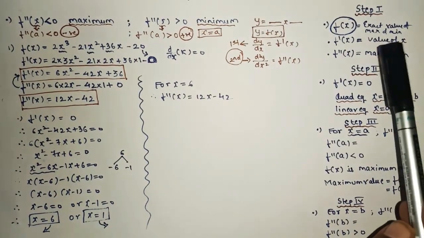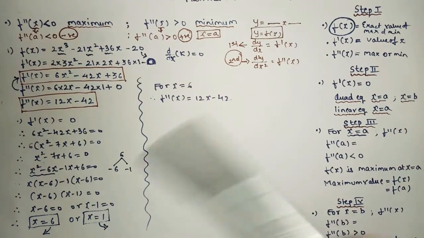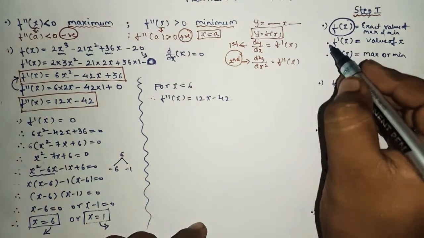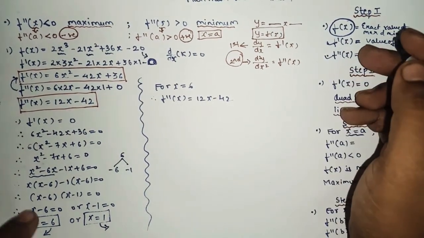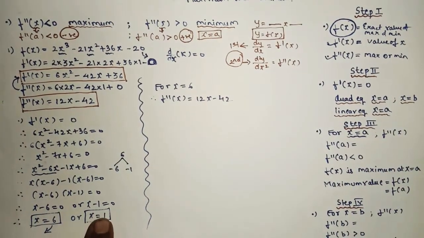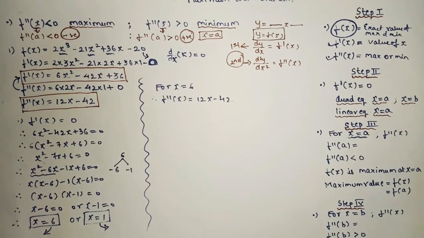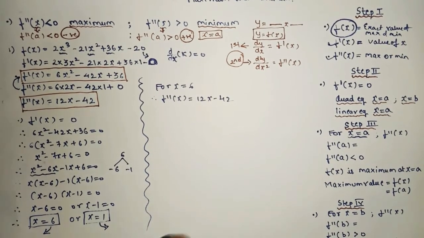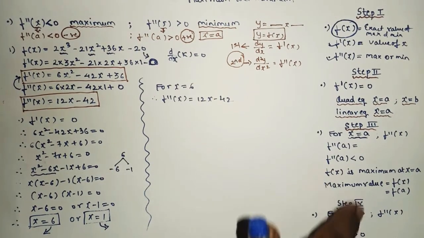So we are done with the first part, that is the value of x. This was the value of x. Now we have to consider at that particular point, x equal to 6 or x equal to 1, whether the function is maxima or minima.